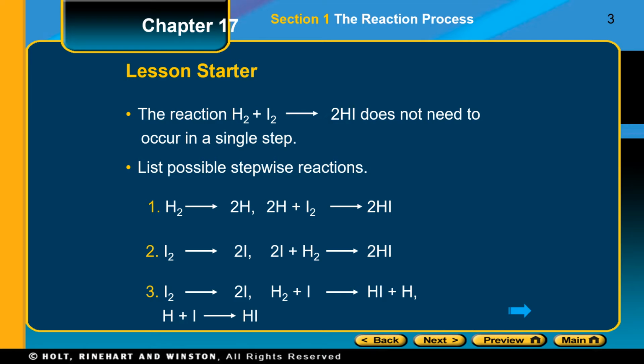Or a third way, maybe the iodine molecule breaks apart into two separate iodine atoms, kind of like in our second example, and then the hydrogen molecule collides with one of these atoms, and in the process of doing it, the hydrogen molecule splits and one of the hydrogens goes off by itself and the other hydrogen bonds to the iodine.